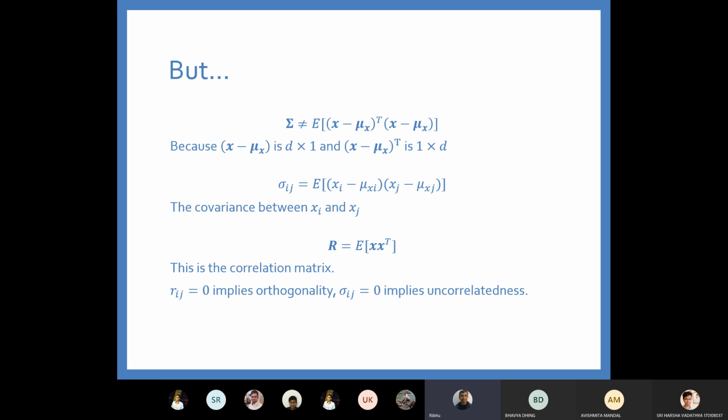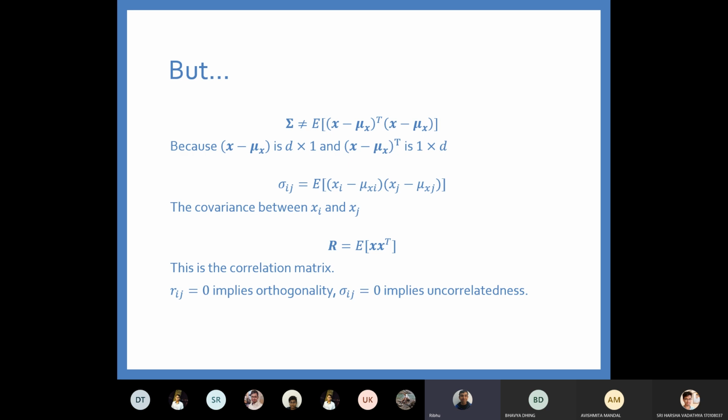Yeah, we have completed here. No, we stopped here at sigma. That how is the definition of sigma different? So the last thing was that sigma ij is the expected value of xi minus mu xi times xj minus mu xj, which is called covariance between xi and xj.